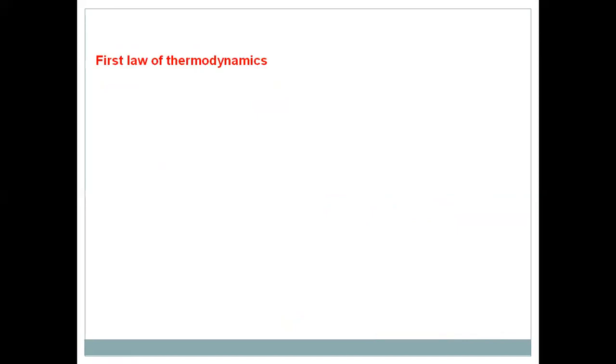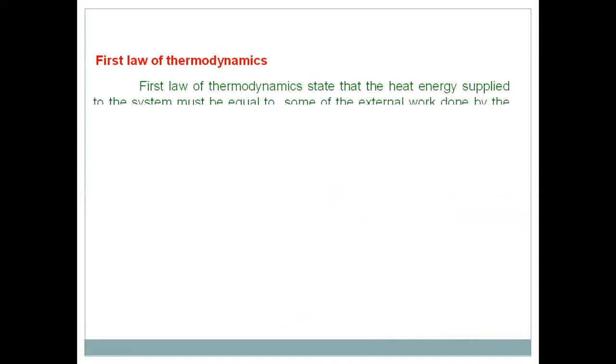What is the first law of thermodynamics? The first law of thermodynamics obeys the conservation of energy. It says that when some heat energy is supplied to the system, some of this energy is used to do external work, and the remaining energy is used for increasing its internal energy.